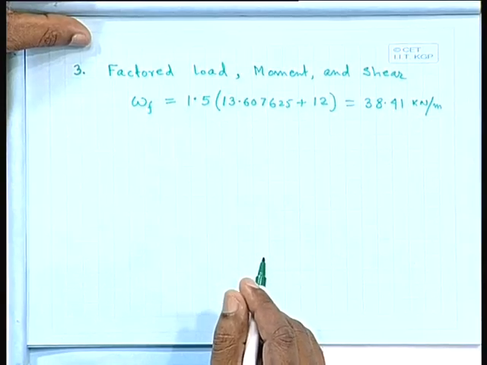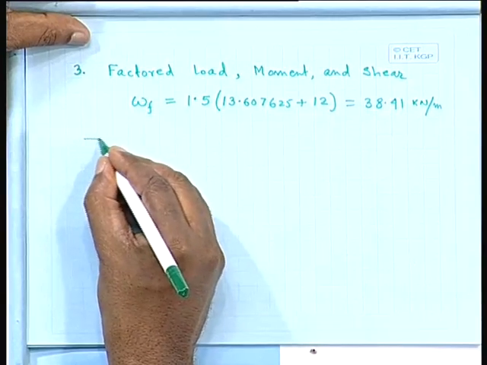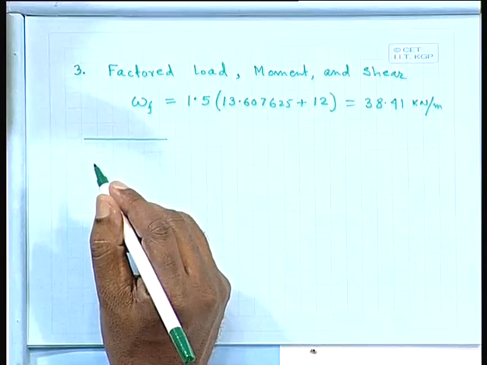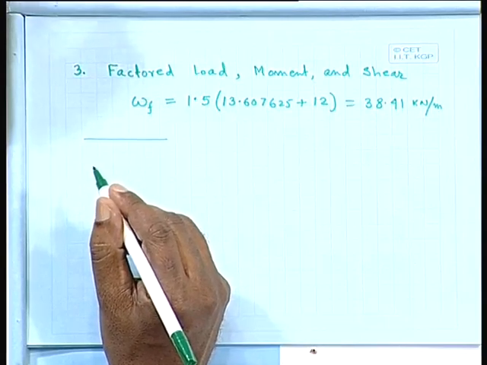What about moment? Our beams are simply supported on the masonry wall. There is no moment at the two supports, because it is just simply supported. This is a case of a simply supported beam.